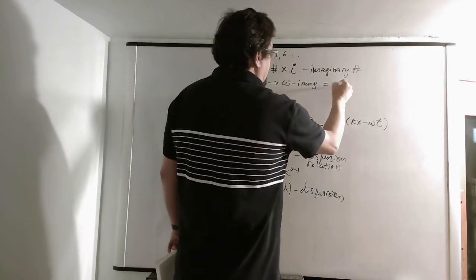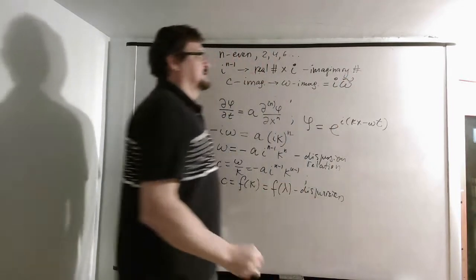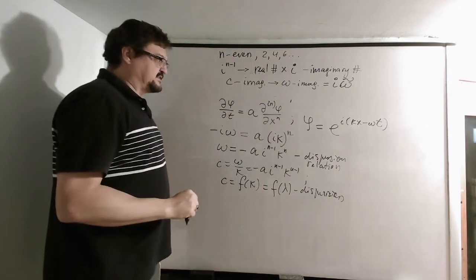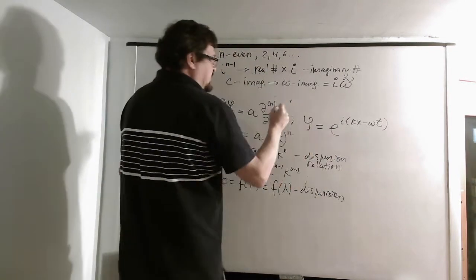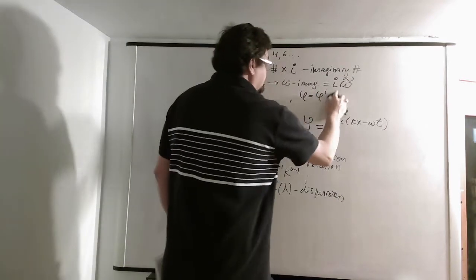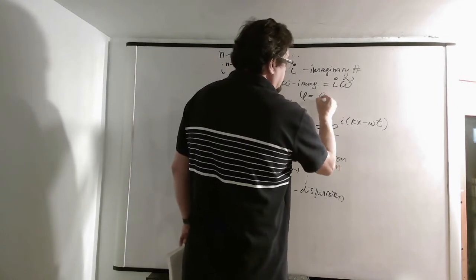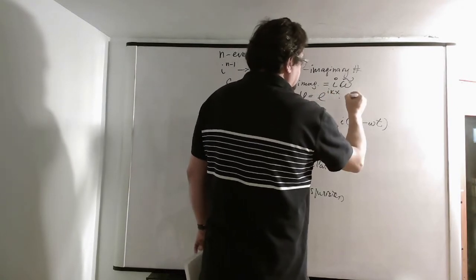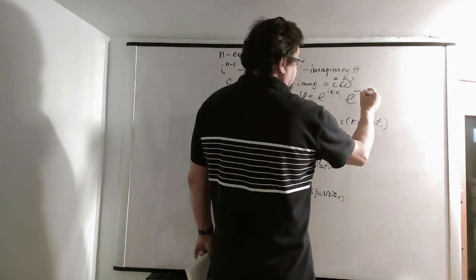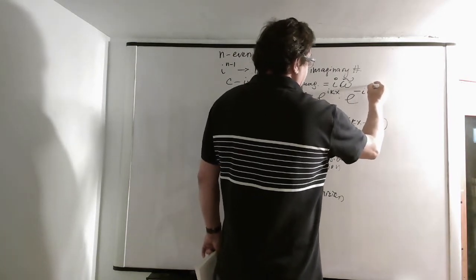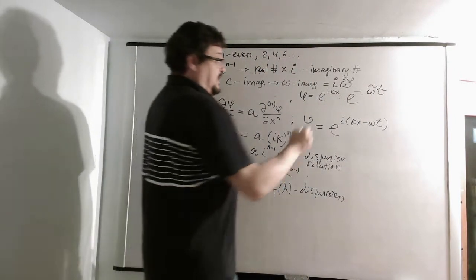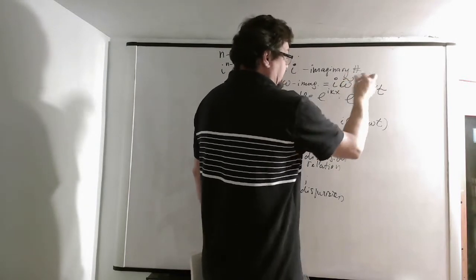So omega equals i times some real omega tilde, which means that if you substitute in this equation, you have phi equals phi-hat e to the power of ikx times e to the power of minus omega tilde t, where omega tilde is a real number.